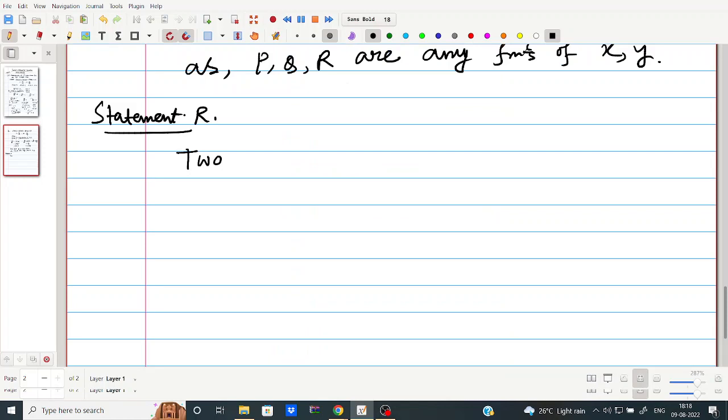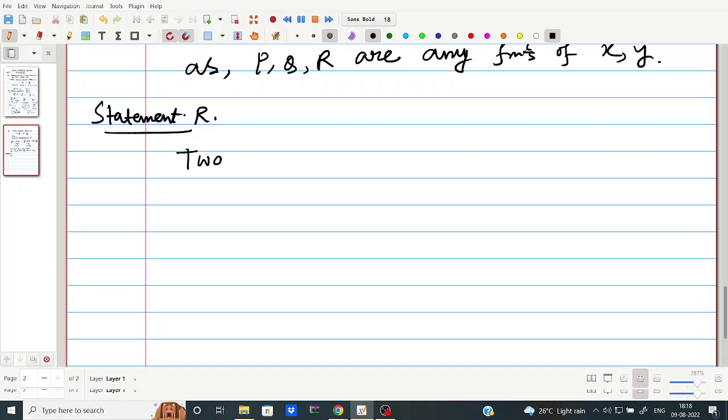Sir, the intersecting set is non-empty. Non-empty means they intersect, so their intersection may be along a curve, along a line, at a point, or along a surface also. Need not necessarily be along a characteristic curve.